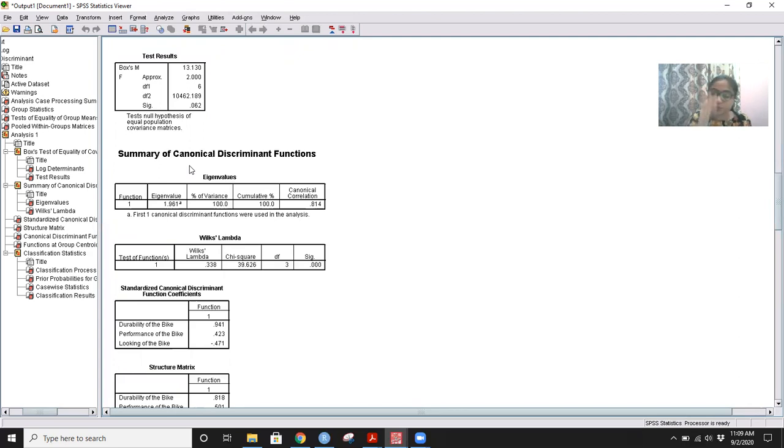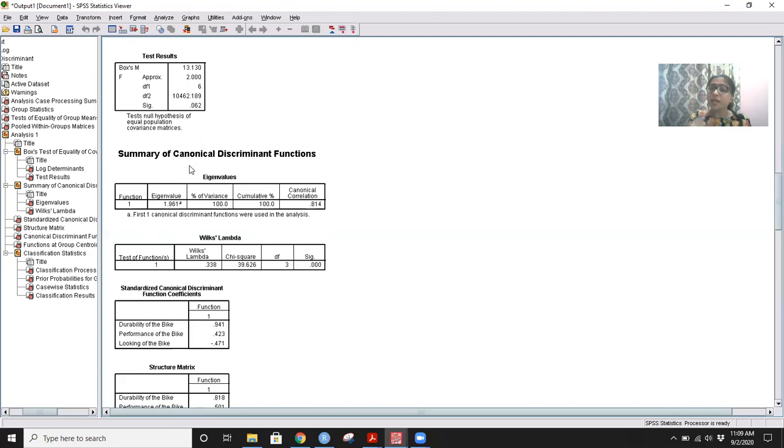So basically the objective is to come up with discriminant functions, but how many? The number of discriminant functions is the number of categories in the dependent variable minus 1. Here in my data set, I have 2 categories in my dependent variable. So I will have 2 minus 1, that is 1 discriminant function obtained.